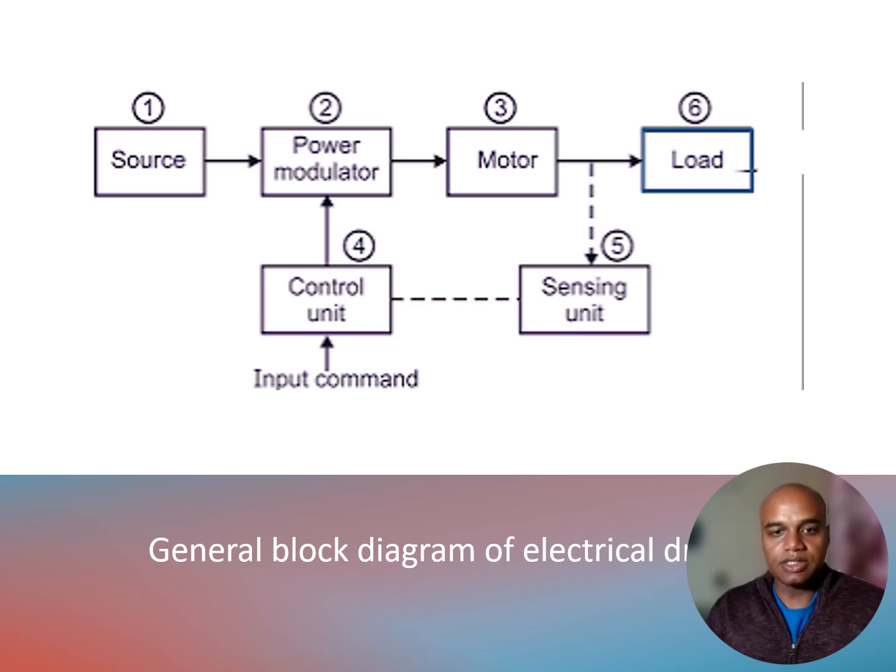So here, this is the general block diagram of an electrical drive. We are talking about this kind of load, the load running application: for how long a period it is going to run, whether it is a short period, a long period, or of an intermittent nature.